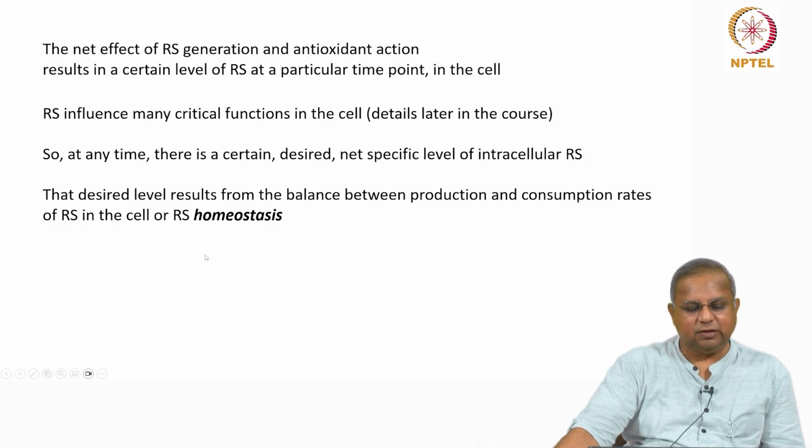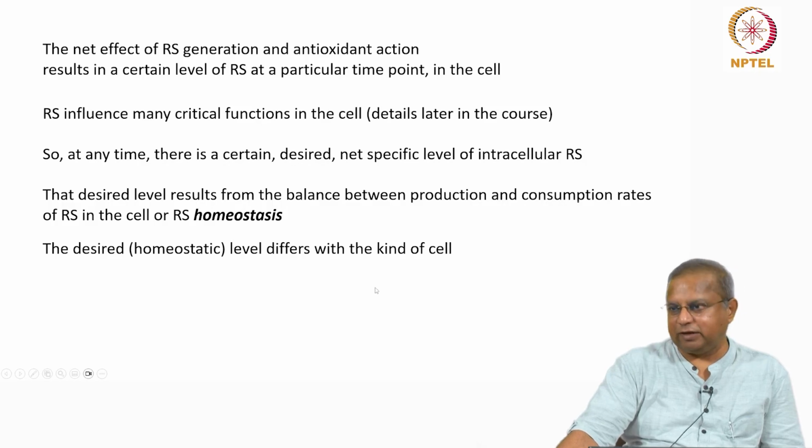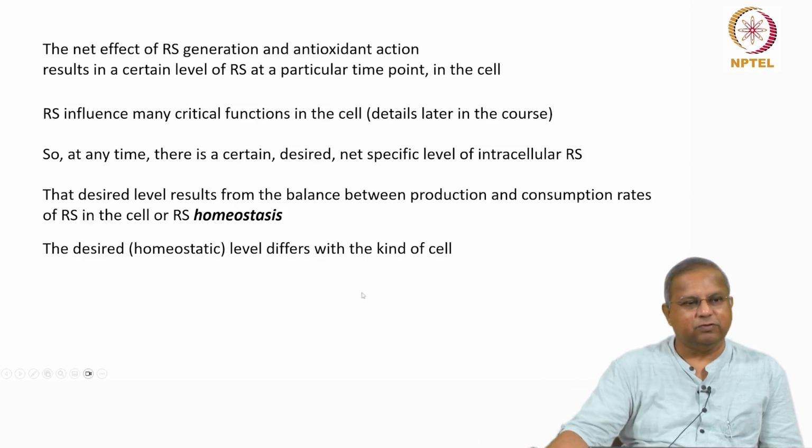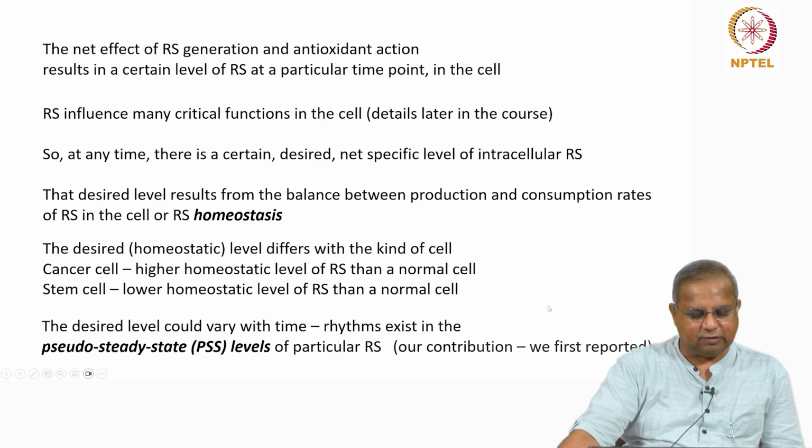There has to be a certain homeostatic level that is maintained by the cell, which is different at different points in the cell cycle or the lifetime of the cell, and it also differs with the kind of cell. For example, cancer cells have a high homeostatic level, the stem cells have low homeostatic levels, and so on. And of course, the desired level could vary with time, which essentially leads to rhythms.